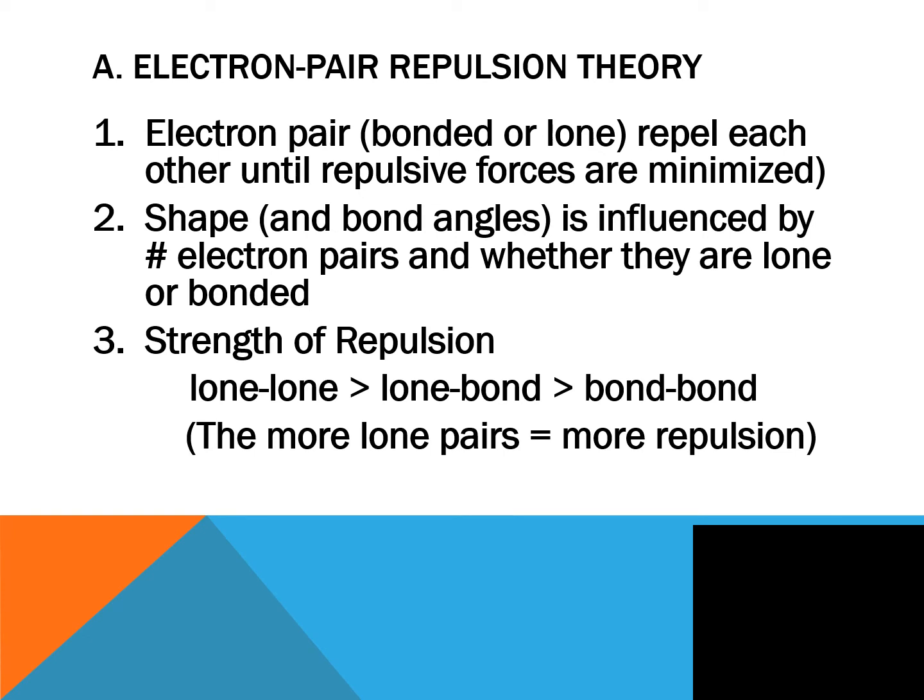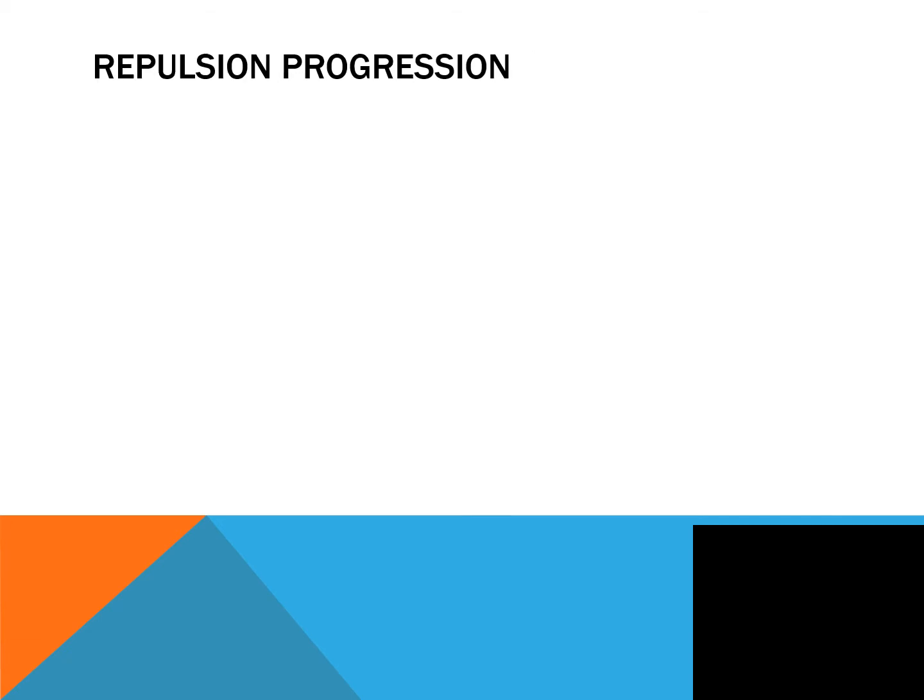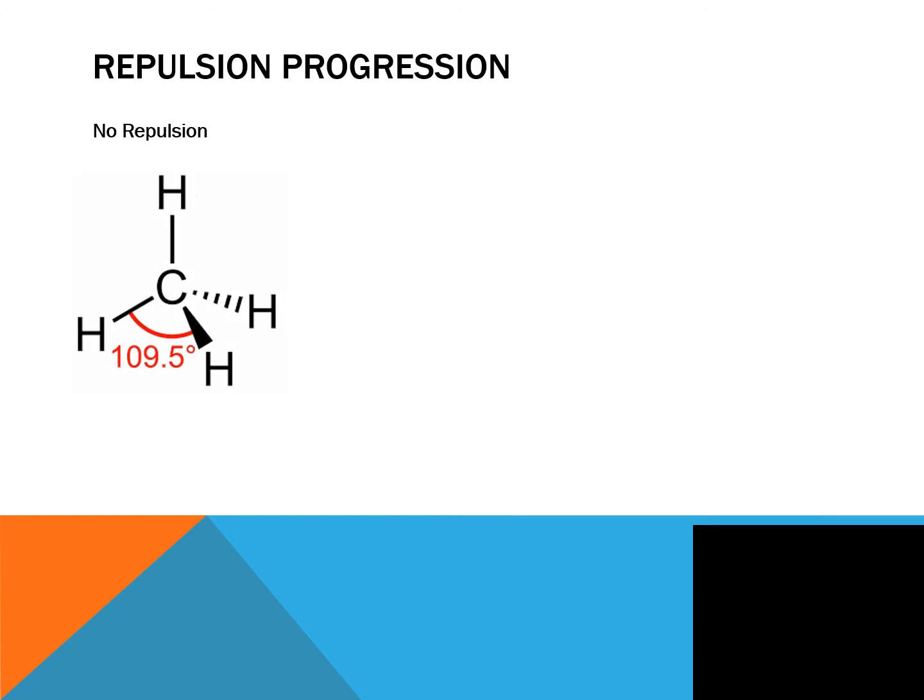And the strength of the repulsion: a lone pair is greater than a lone pair and a bond, and even greater than a bond. So the more lone pairs you have, the greater the repulsion. It causes the angle to shrink. All right, no repulsion, so you can see methane is 109.5. There's no lone pairs.